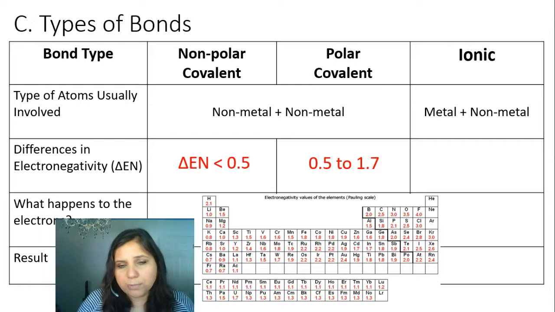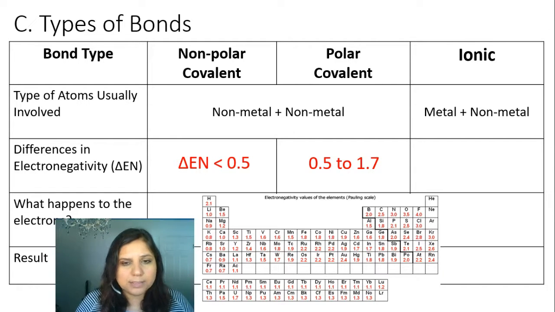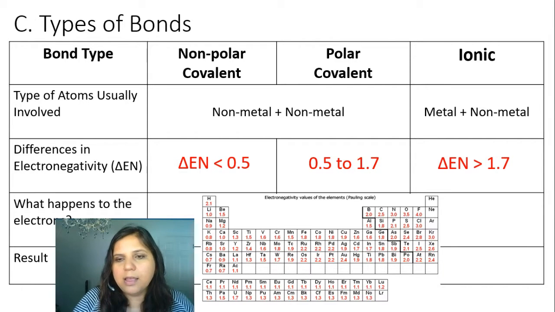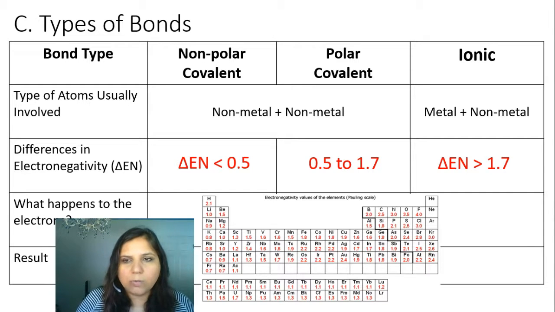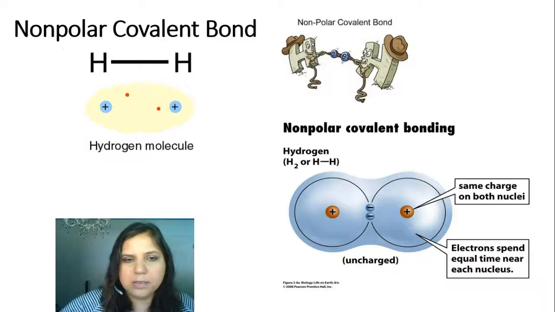If they fall within a range of 0.5 to 1.7, we consider them polar covalent because they share them, but they share them unequally. And if it's greater than 1.7, that's ionic. One atom is so electronegative that it takes the electron completely away from the other. You can find a table like this in your book.